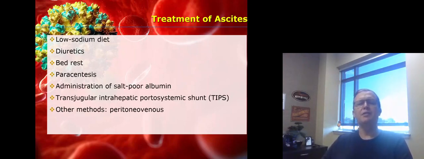We've already discussed paracentesis. There is a surgical procedure out there, the transjugular intrahepatic portosystemic shunt. What this procedure does is provide a shunt to attempt to divert some of that vascular pressure away from the portal vein.